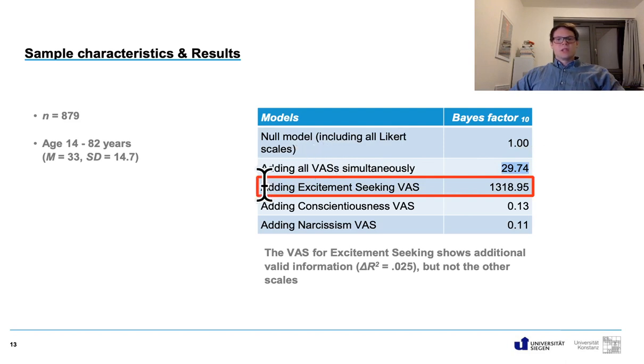In more detail, it was shown that this was only because of the excitement-seeking scale. For conscientiousness and narcissism, there was not more information contained, but for excitement seeking, we explained about 2.5% more variance than if we only included the Likert type scale.